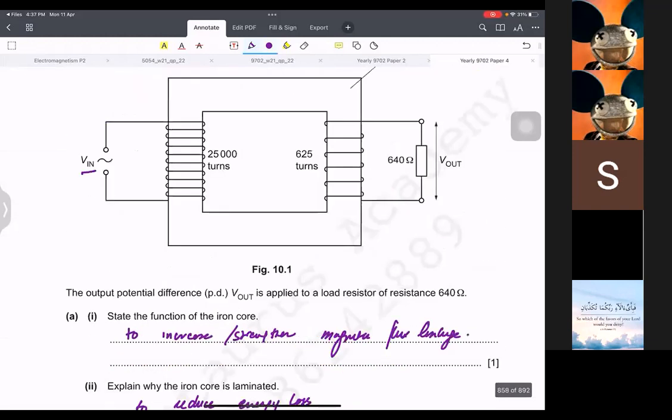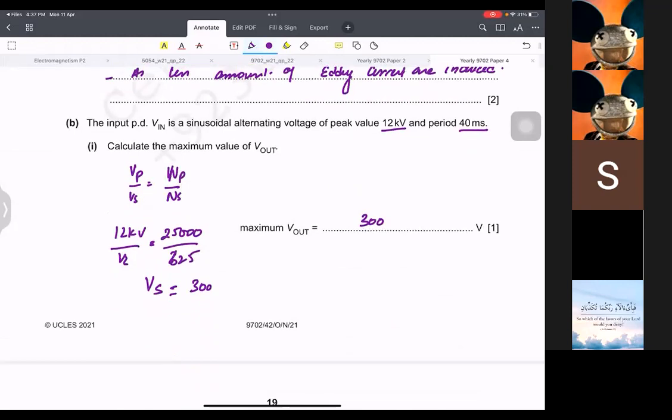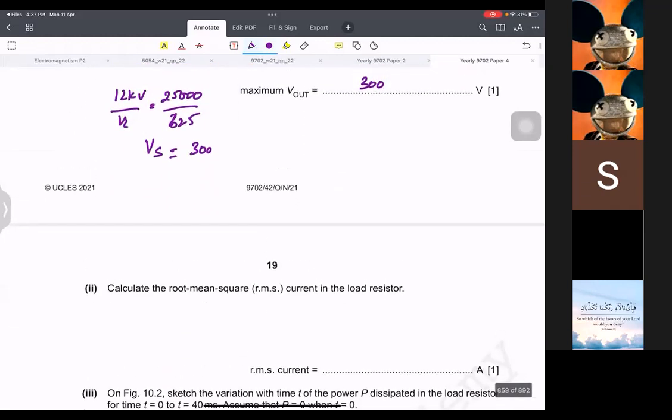Now it says calculate the RMS current in the load resistor. Where is the load resistor? Oh, okay. This is not hard, by the way. You have the maximum output. To find the RMS current, you need V equals IR, and you need RMS.